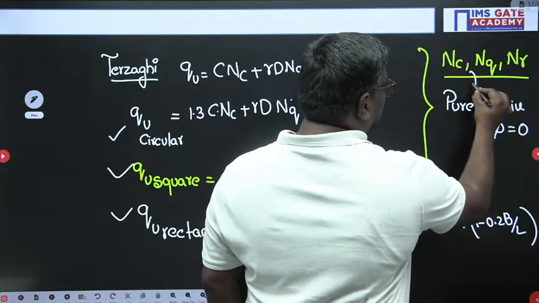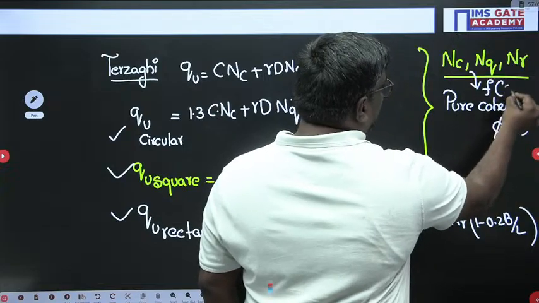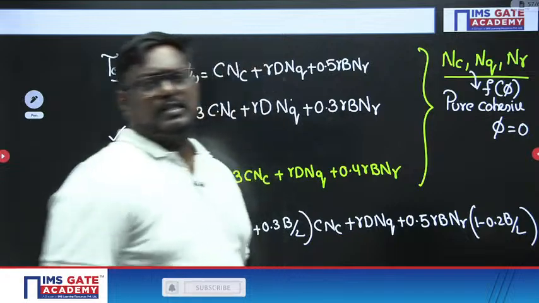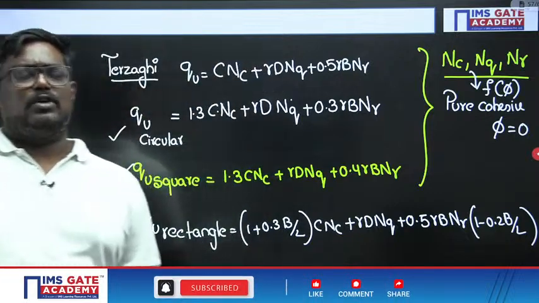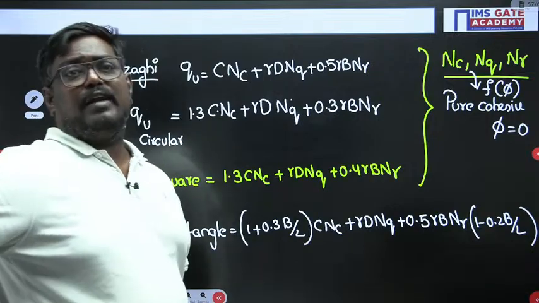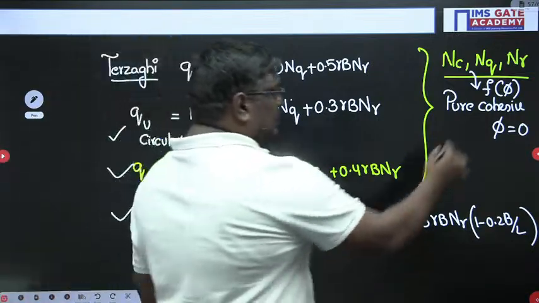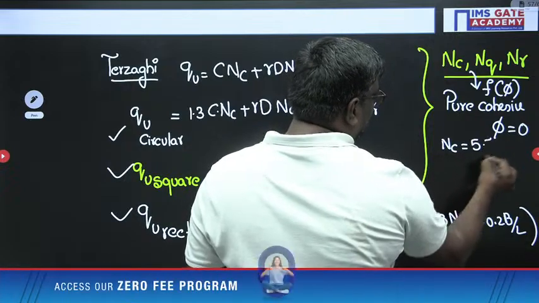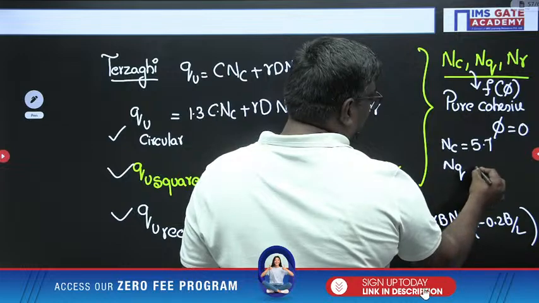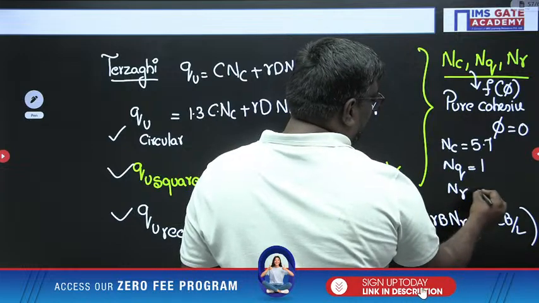All these Terzaghi factors are functions of the angle of internal friction only. If phi is equal to 0, NC value will be 5.7, NQ value will be 1 and N gamma value will be 0.